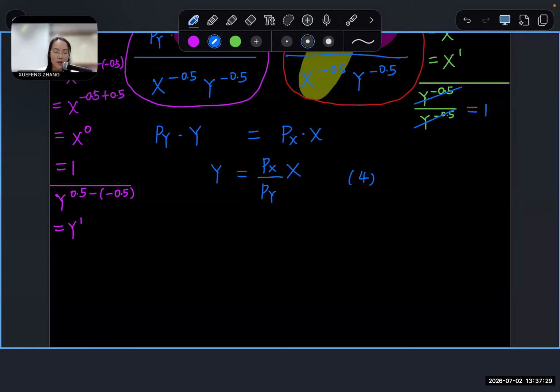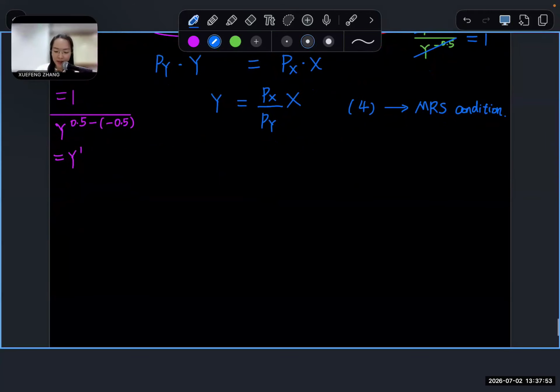Marginal rate of substitution at the optimal. This means that spending on X equals spending on Y, okay? And next one, we're gonna substitute equation 4 into the budget constraint, into equation 3.